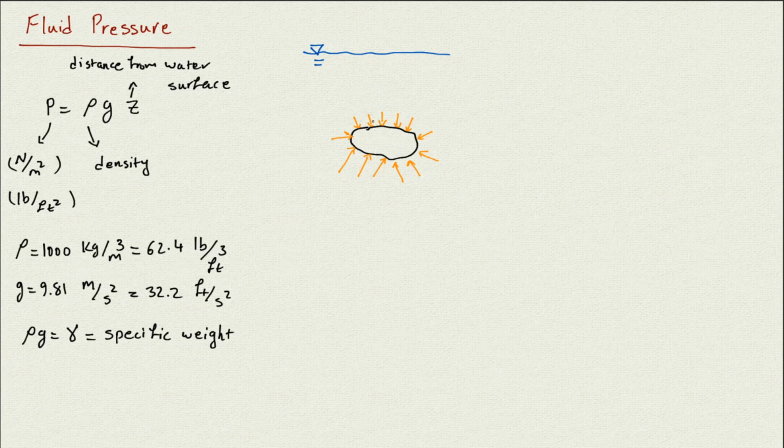So remember that anytime we have an object under the water, the pressure is always normal to the surface, regardless of what direction it has. Another thing is how we define that z value.